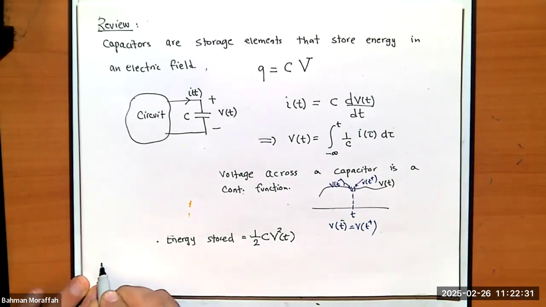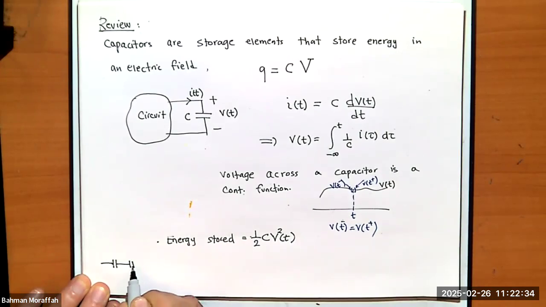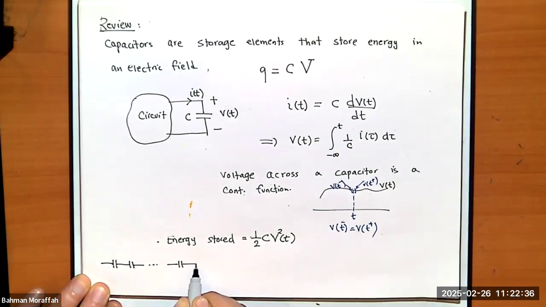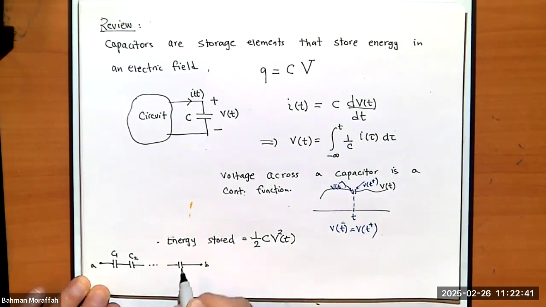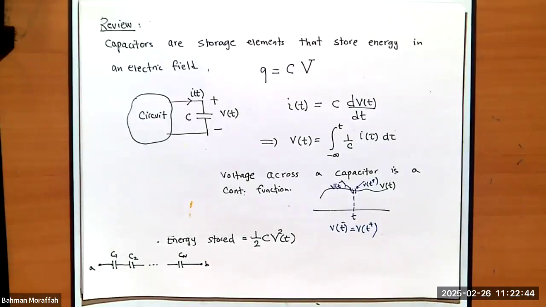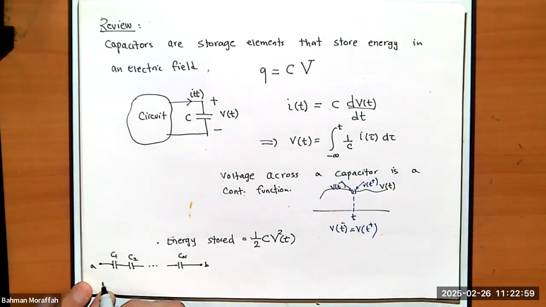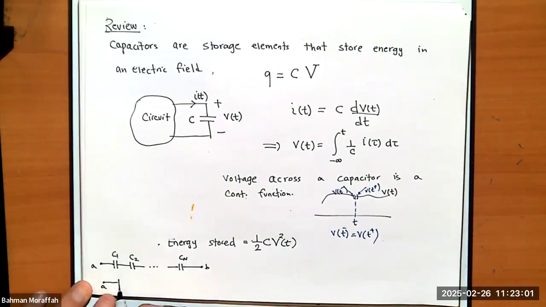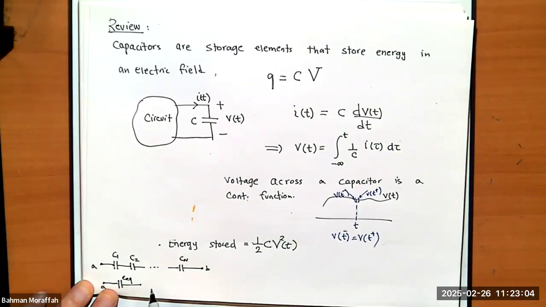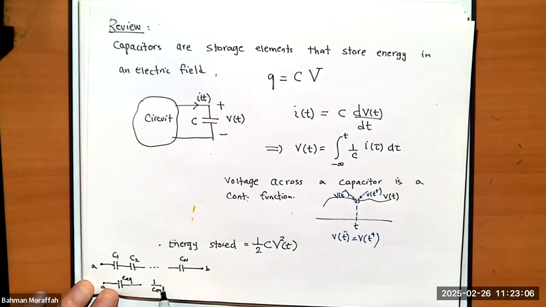We said if we have a bunch of capacitors in series, let's call them C1, C2, all the way to Cn, I can replace this by one capacitor, and the value for the series resembled a bunch of resistors in parallel. So if I want to replace this by C equivalent, C equivalent can be computed using this formula.